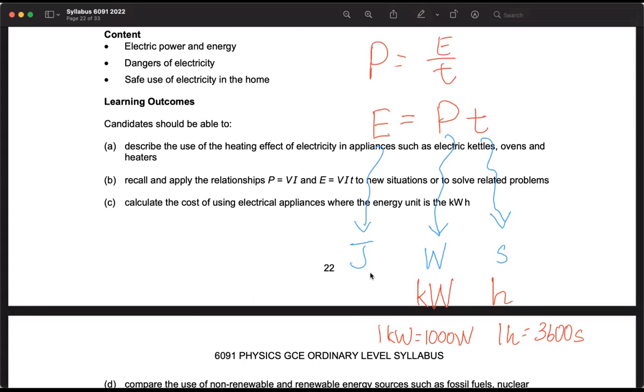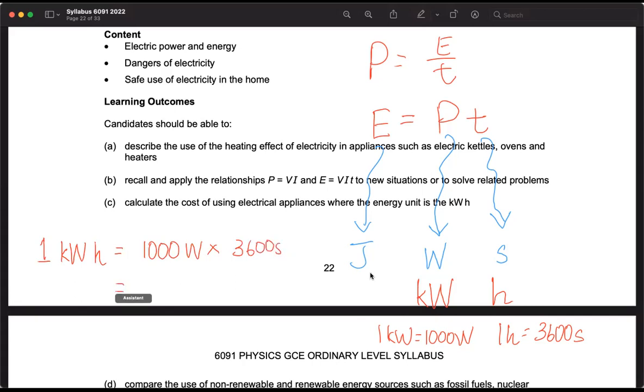So in your electrical bill, the amount of electrical energy used will be based on kilowatt hour. Is that clear? For example, 1 kilowatt hour is the same as 1,000 watt multiplied by 3600 seconds.